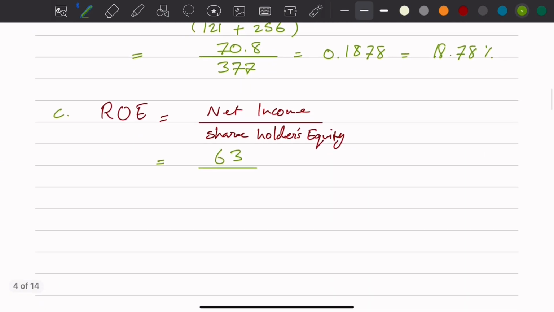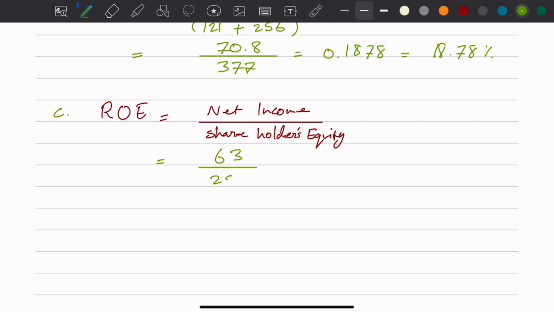Okay, so 256. Crunch the numbers on your calculator and you should get your results. So 63 divided by 256, that's 0.2461. Okay, that's rounded, of course. And then transform it into a percentage, you get 24.61%. So that's the company's return on equity.